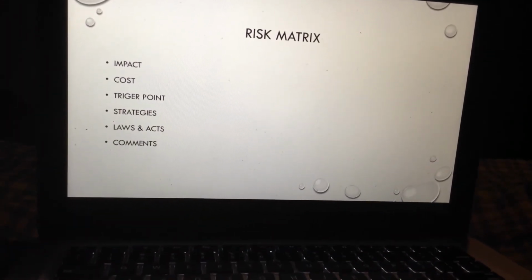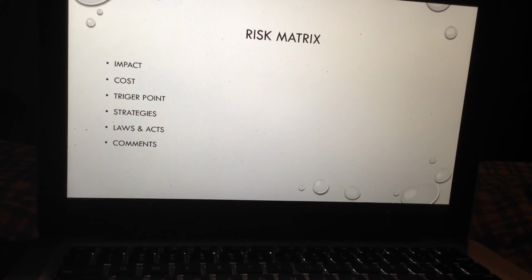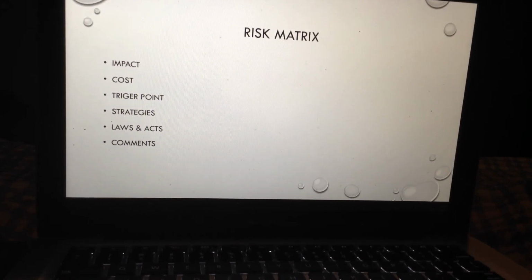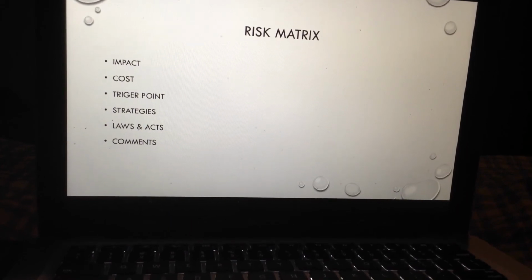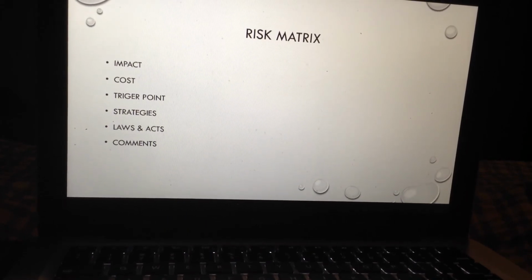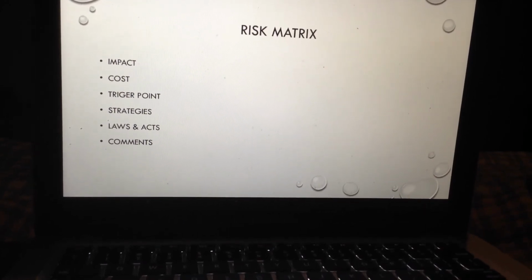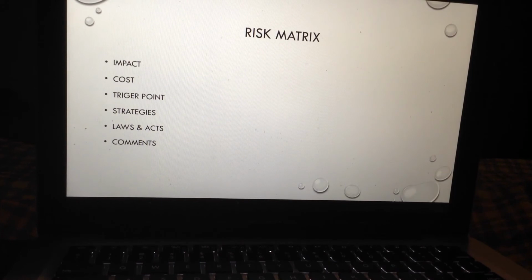So when it came to my risk matrix, I found certain things when it came to the impact, the cost, the triggers, the strategies, the laws that affected it, and a few extra comments. I found that there needs to be authorized signed consents. There should be no unauthorized use of patient information outside the facility without secure web access.